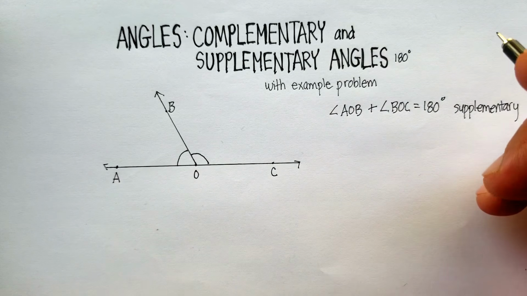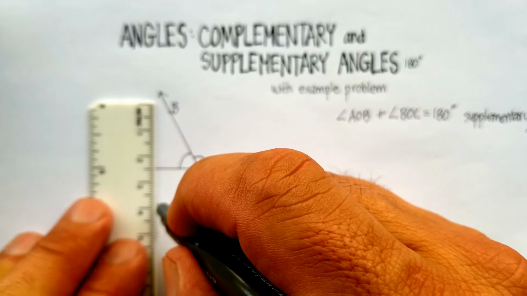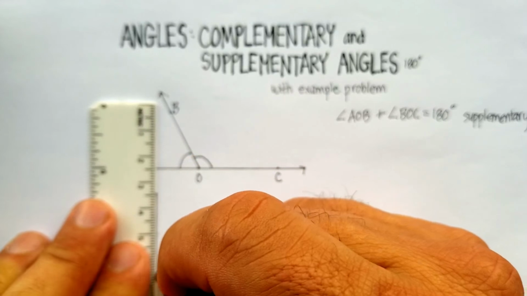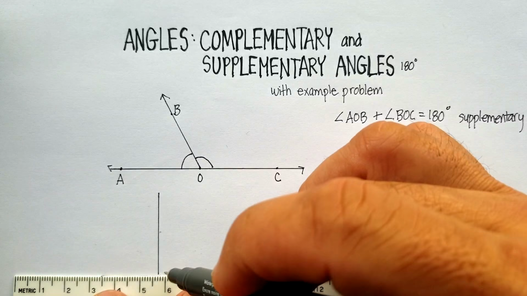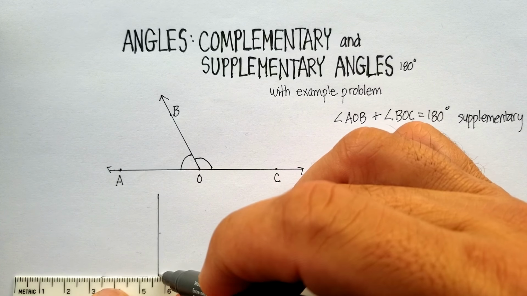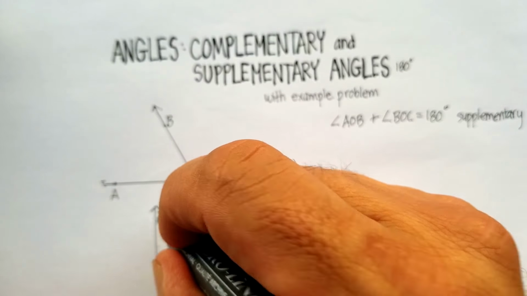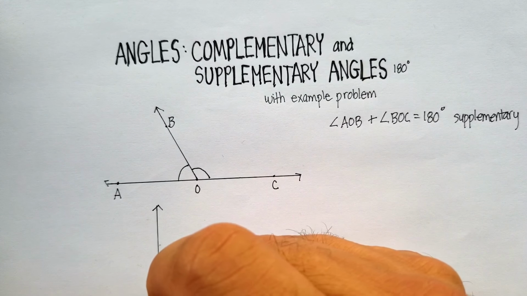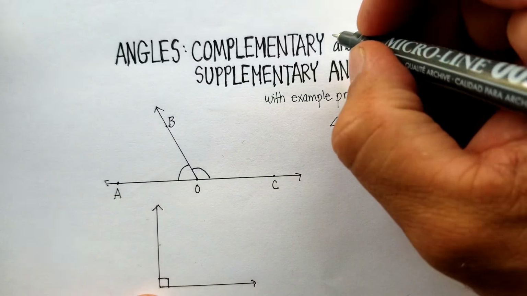using algebra. Now, complementary angles are angles that add up to, let me just go ahead and draw something real quick. Notice what I'm drawing here is a right angle, and remember that right angles form, this is a little symbol, right angles form 90 degrees.